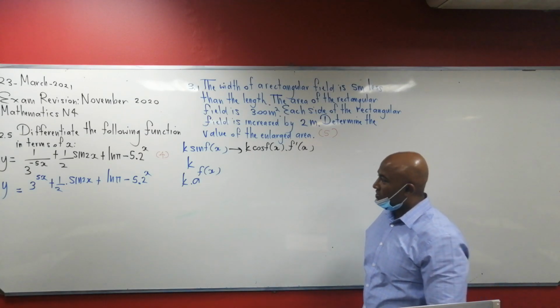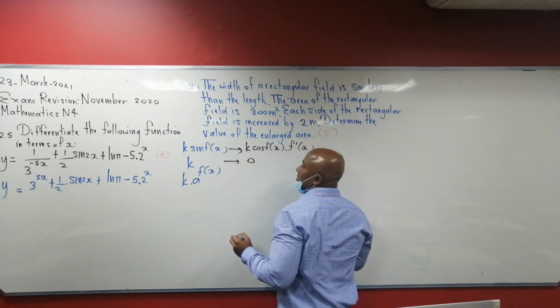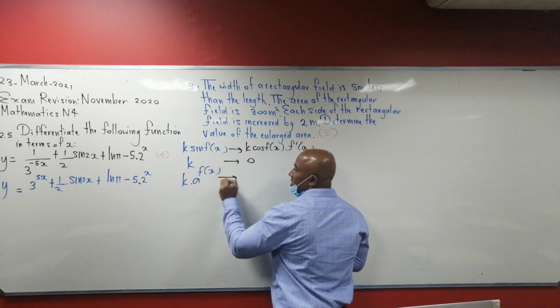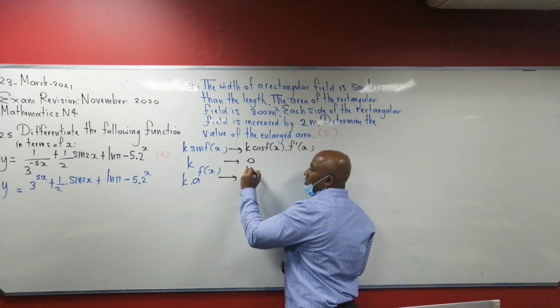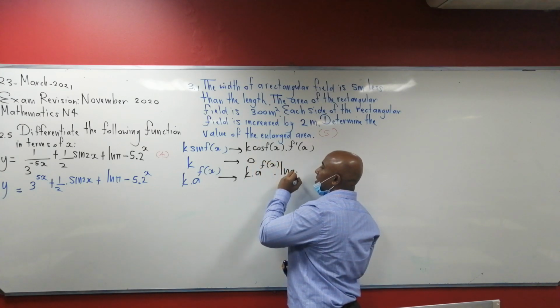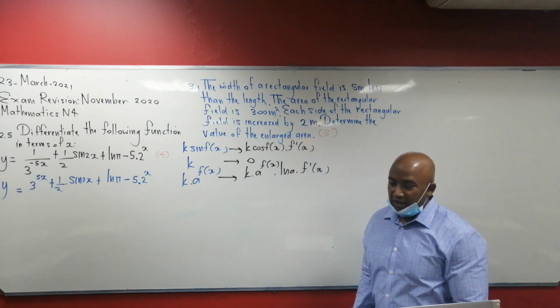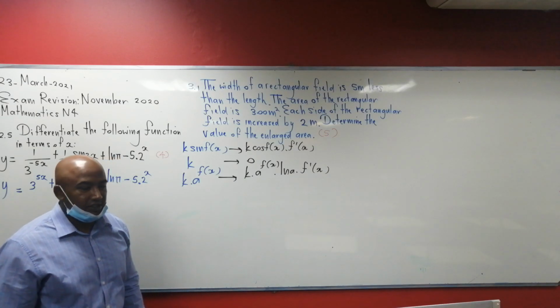That is your derivative of sine. Then the derivative of a constant is 0. The derivative of k times a to the power f of x will be k times a to the power f of x times ln a times f prime x. You must know this. Do not rely on the formula sheets.